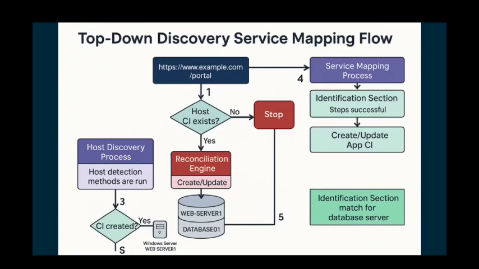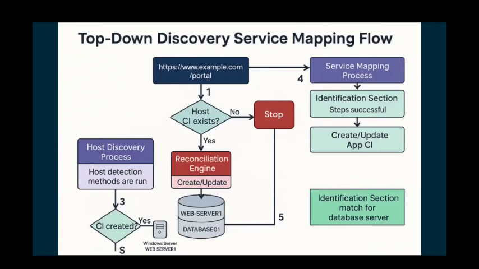And if you're not familiar with ITOM discovery and the different process steps I just mentioned, I also added a video at the end of the screen to give you full context of a discovery process. Now, if the discovery succeeds, we create a new configuration item inside the CMDB. And if it fails, the process stops right there.